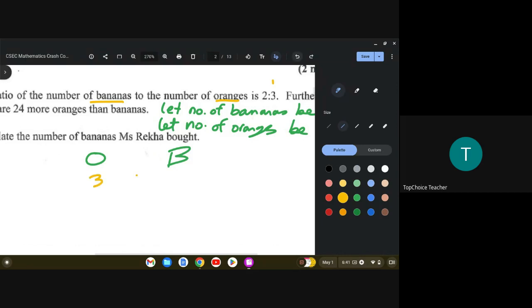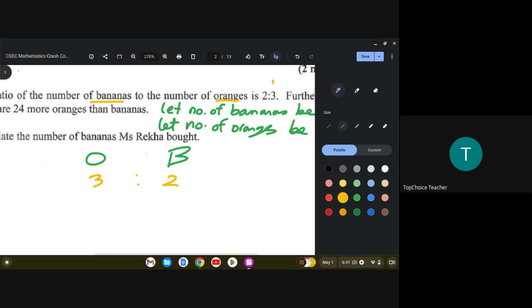I will show you why I'm putting oranges in front. Bananas. What number represents bananas? 2. So instead of ratioing bananas to oranges, I put oranges to bananas. But in reality, it's still the same thing.